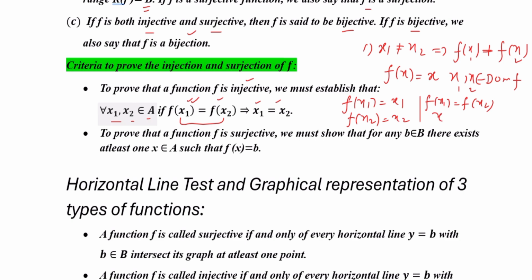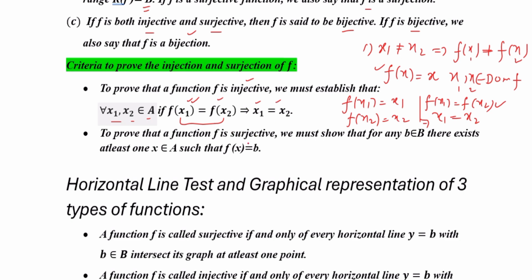Here f of x1 is equal to x1 and f of x2 is equal to x2. This shows that when f of x1 is equal to f of x2, this implies x1 is equal to x2. That is, for the same images, the pre-images are the same. This shows that the identity function is an injective function.